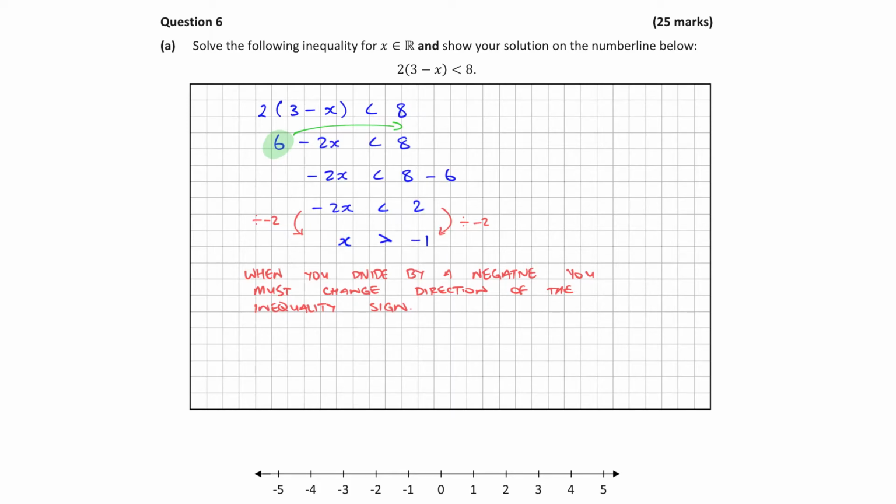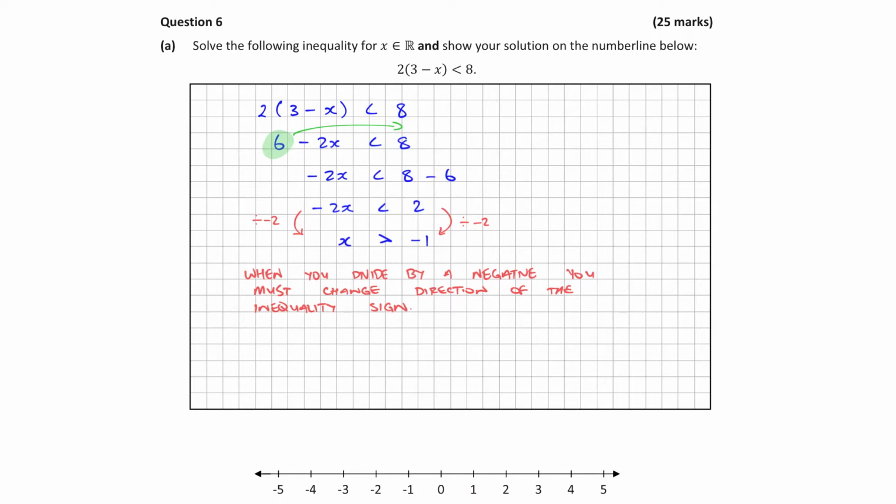So we need to be able to represent that on the diagram below. It's going to be bigger than negative 1, so it's going to be all these numbers along here, right? It's going to include 1, 2, 3, 4. It's also going to include the decimals, so 0.5, 0.6, 0.7, 0.8. So it's actually going to include all of these, so we're going to have to highlight all of this.